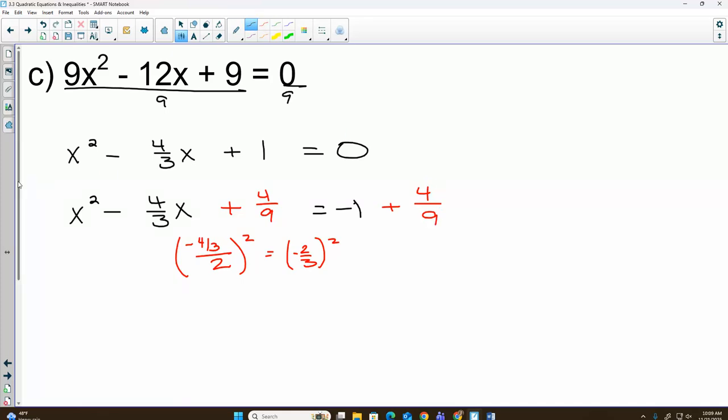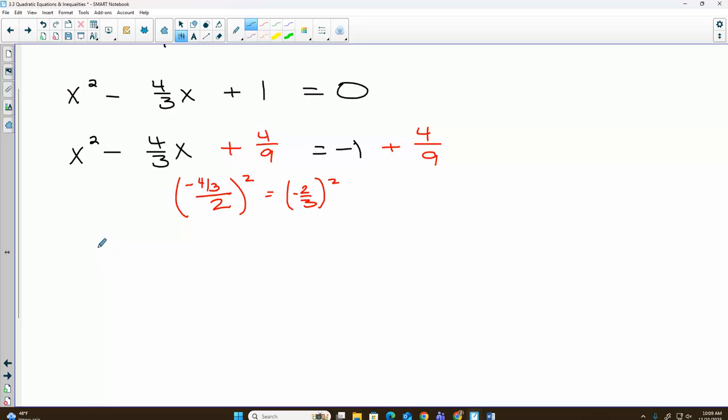Okay. So now this should factor into something squared. It was minus, you can think of the square root of 4/9, or just look, before we squared it, what was that number? Yep, so it's x minus 2/3.